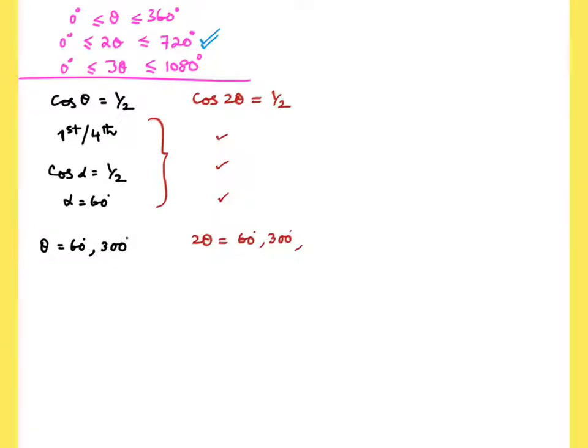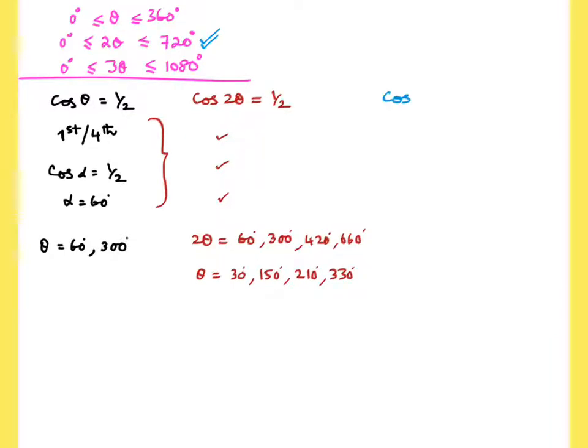So 60 plus 360, 420. 300 plus 360, that is 660. Now these four answers, they all are equal to 2 theta. So therefore, theta is 30, 150, 210 and 660 divided by 2 is 330 degrees.